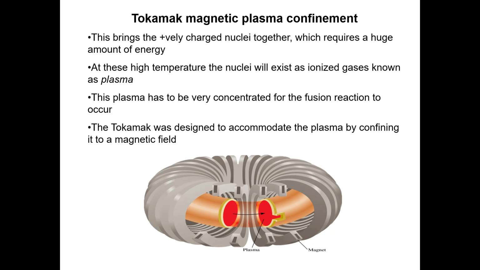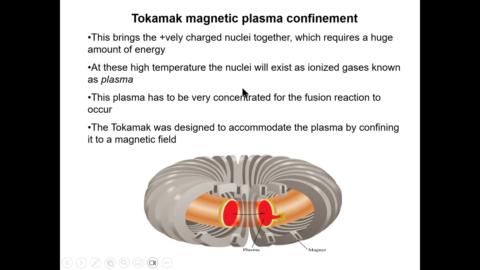The problem is that the nuclei are positively charged, and therefore a large amount of energy is needed to force them together. So the energy cost at the front end is very large. If you can overcome that, the gain will be very rewarding at the back end, because the energy produced will be larger than the energy used to bring the nuclei together.